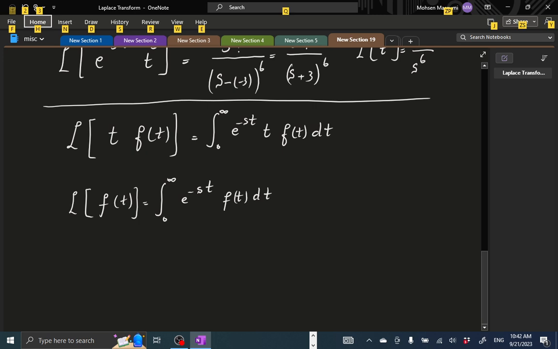Well, very simple. What if I take this thing and differentiate it? But I have to differentiate with respect to s, of course. So I'm going to write derivative with respect to s of the Laplace transform of f of t. That's going to be derivative with respect to s of this integral.